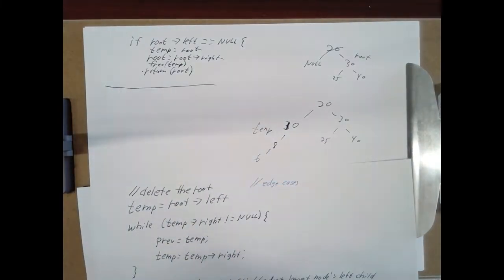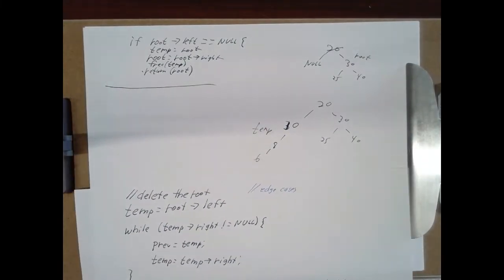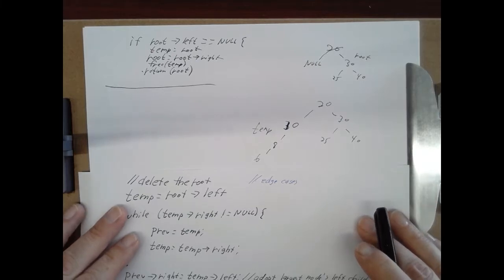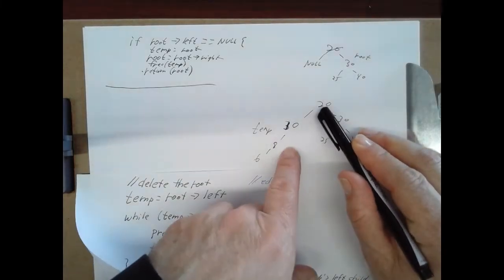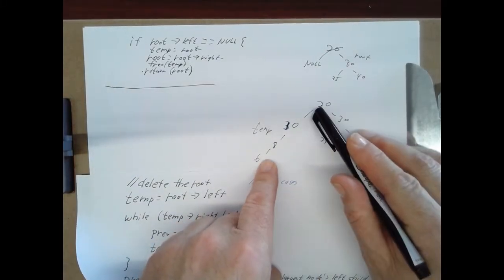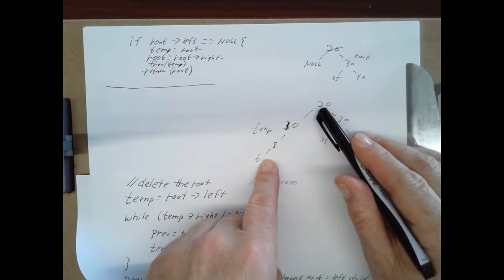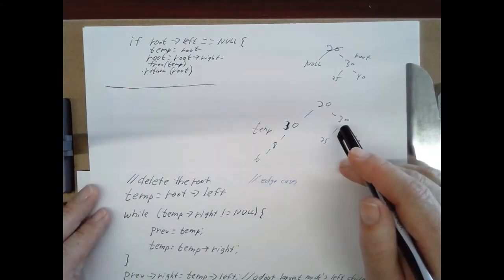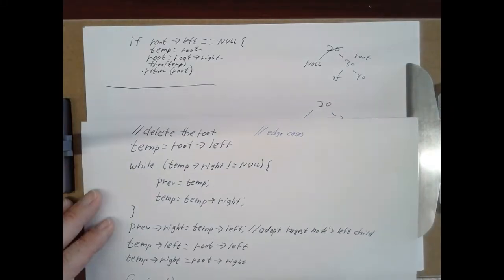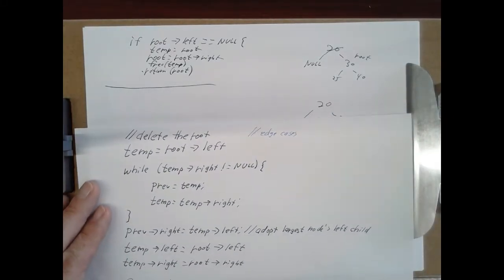Before you have the while loop, if I set previous to the root, then I'm going to have this thing adopt the 8 and the 6, but I'm going to be getting rid of this thing. Oh, I see, because you guys put 10 up on the 20.